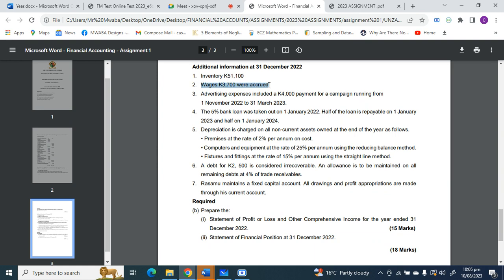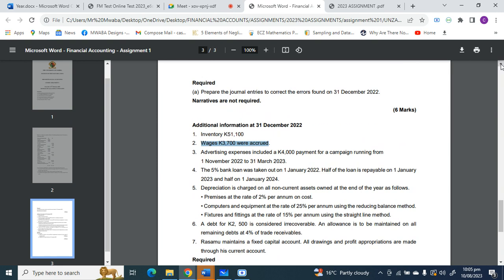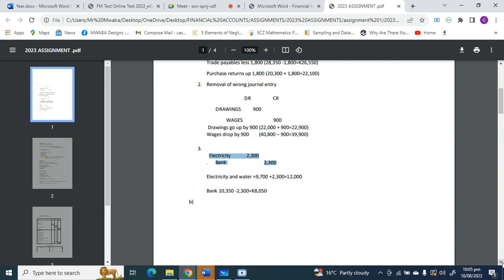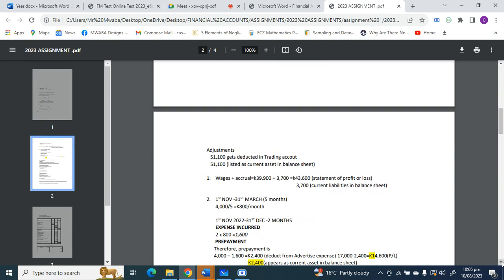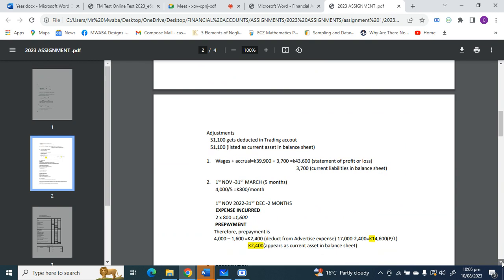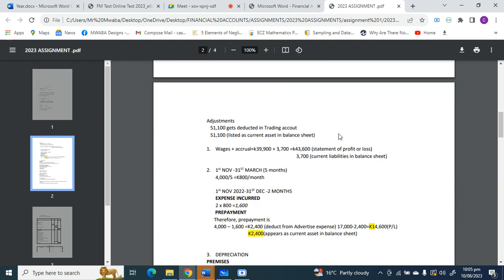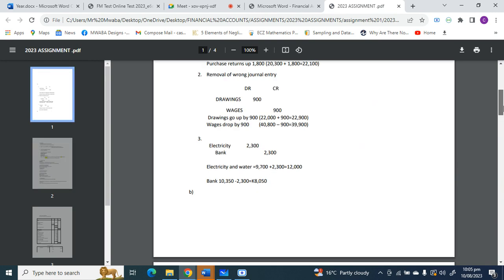Then the second thing you're going to do is add this 3,700 to the wages amount. I believe we all know the accruals concept. So for wages plus accrual, 39,900. That was our new wages amount.